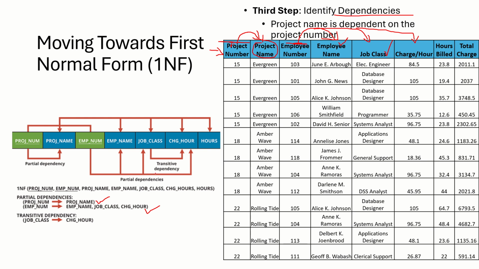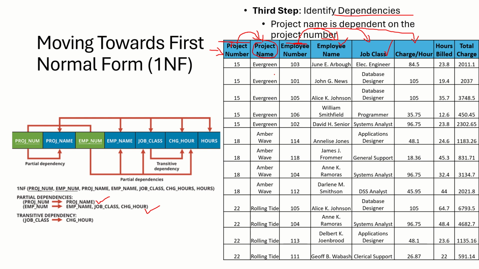Okay, so now we need to find out, do they have transitive dependency? Transitive dependency is when non-primary key attributes depend on another non-key attribute, right? So right here is the project's name.